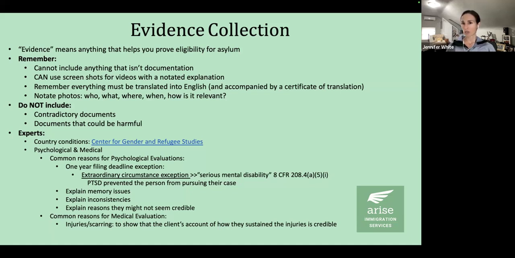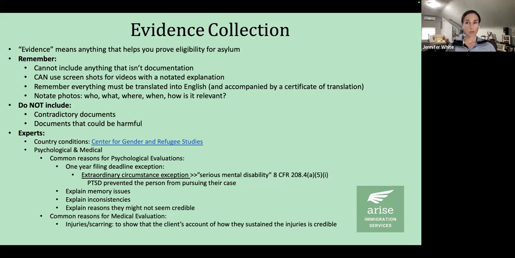You could file it by taking screenshots of the video and notating what it is, what's being said, et cetera, transcribe it and upload it that way. That way it's actual documentation. And then mention in your filing that you'll bring the video to the interview and ask the officer if you can play the video for them so they can see it. So there are lots of ways to get creative with these cases, even though there are some restrictions.